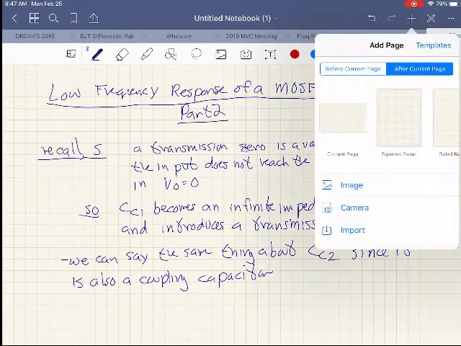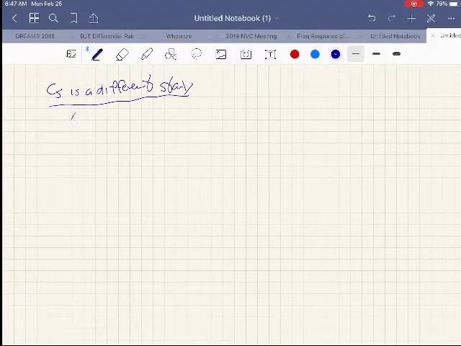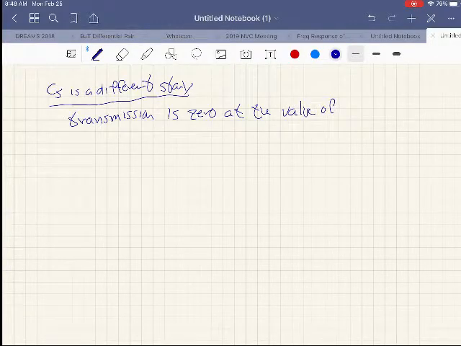So I'm going to grab a new page here, and we're going to say CS is a different story. The transmission zero for CS is at the value of S that causes ZS, that impedance, to become infinite.